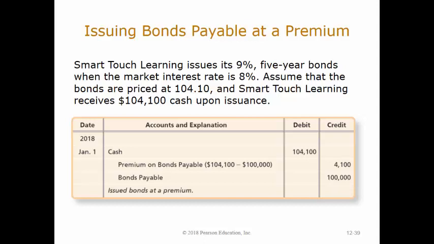Assume that the bonds are priced at 104.1, 104.1% of the face value. In this case, Smart Touch Learning receives $104,100 cash upon issuance. Smart Touch Learning records a debit to cash of $104,100, a credit to premium on bonds payable of $4,100, and a credit to bonds payable of $100,000.